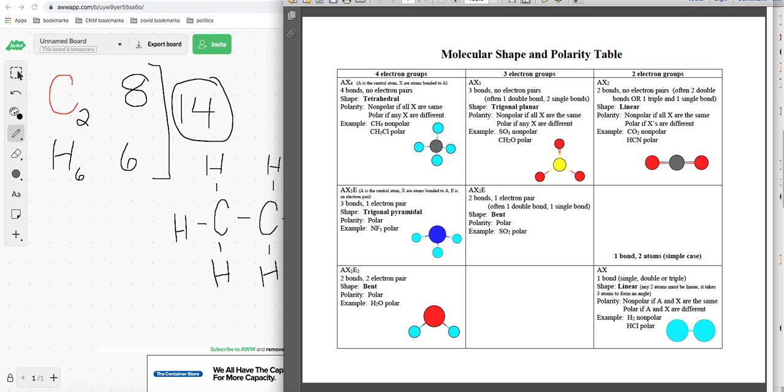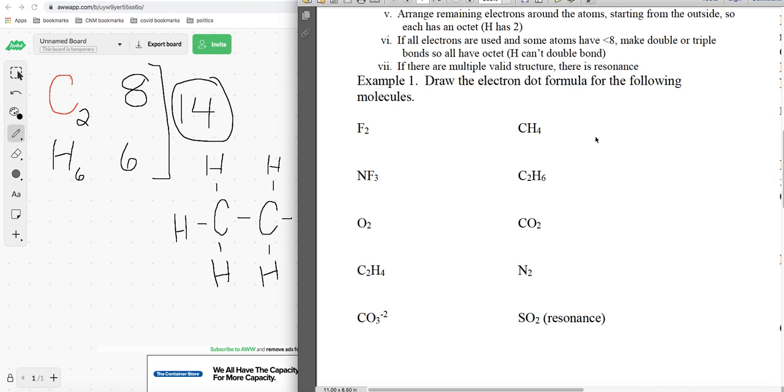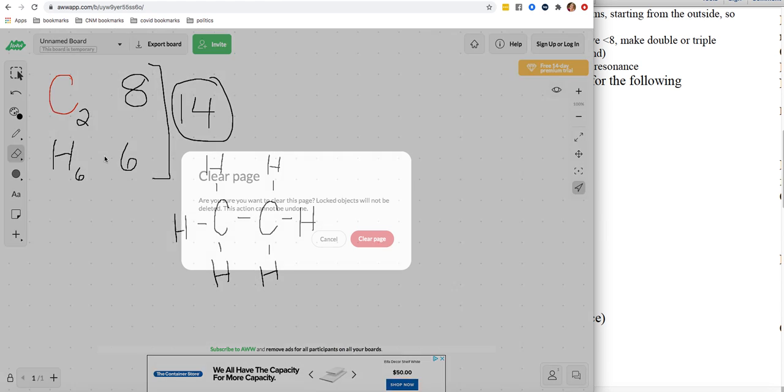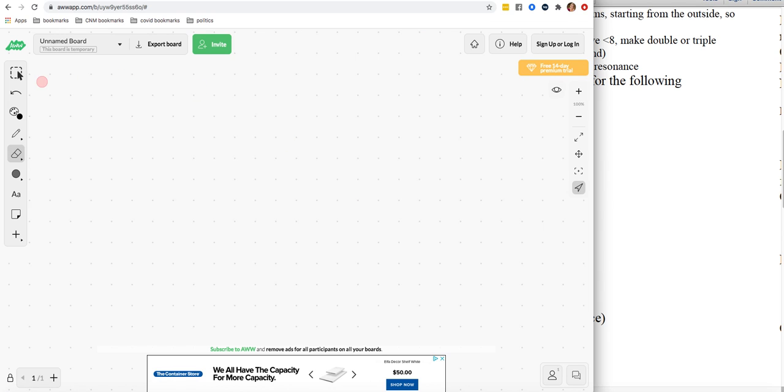And I am going to stop here because I've been going on a while. Oh, actually I'm not, because there's one important thing that has not come up yet, which is when you make double bonds. So I'm going to use CO2 for that example. So we're going to clear this out. CO2, we've got carbon has 4, and oxygen, I need to double check.